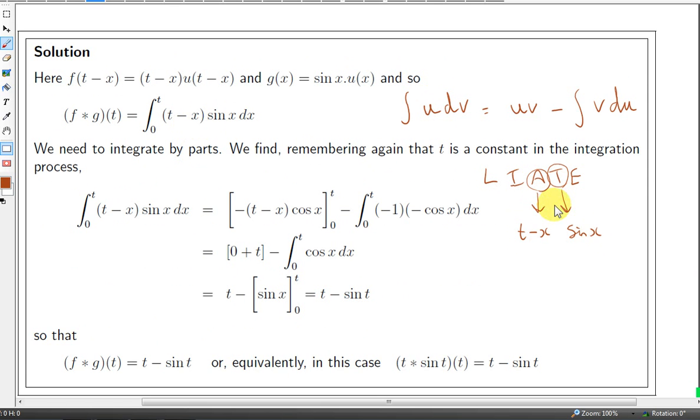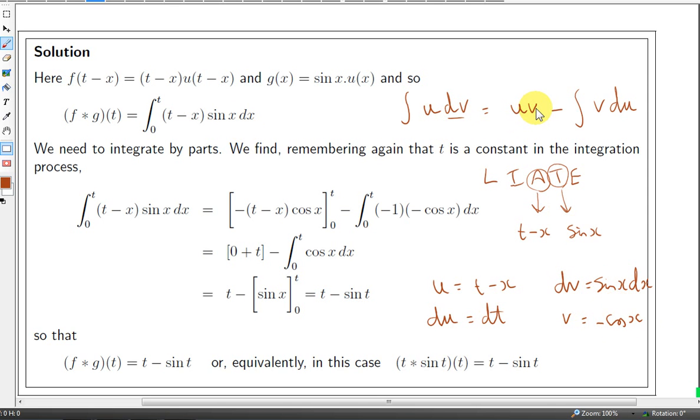A comes before T, so we let u equal t minus x. So we can see that du equals minus dx. Then we set dv equal to what's left of this differential, which is sine x dx. And if we integrate for v, the integral of sine is minus cos.